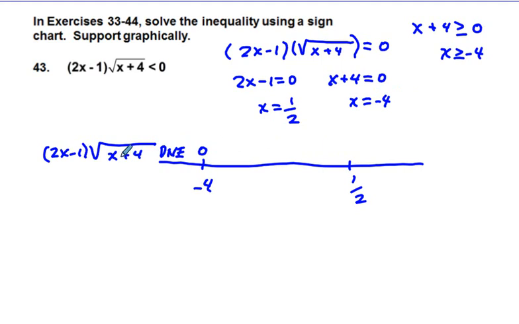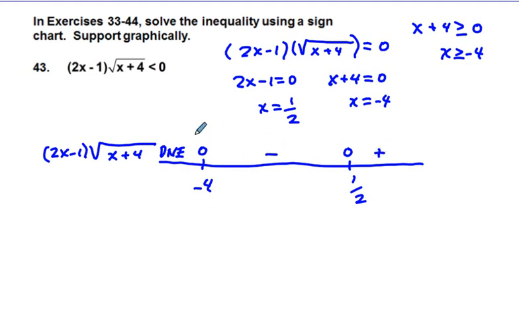Well, this square root is always going to be positive. It just matters what this 2x minus 1 is. So if we plug in 0, we would get a negative times a positive, or a negative, and then at 1/2 we would get a value of 0, and greater than 1/2 we would have a positive times a positive.